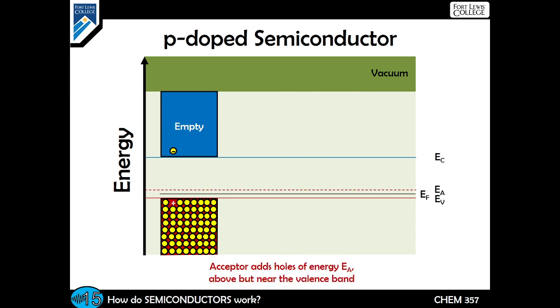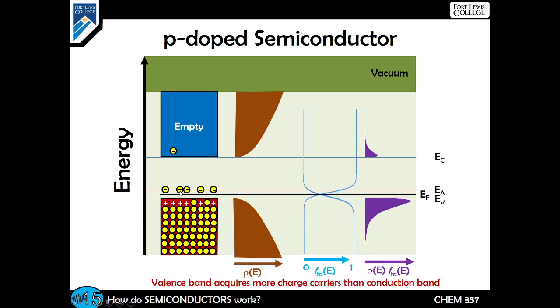However, in a p-doped semiconductor, you are adding atoms to your semiconductor lattice that have empty places for electrons to go, and so you're adding empty states for electrons to go here, just above the valence band, which allows there to be places to put electrons that are thermally accessible, which allows you to create holes.